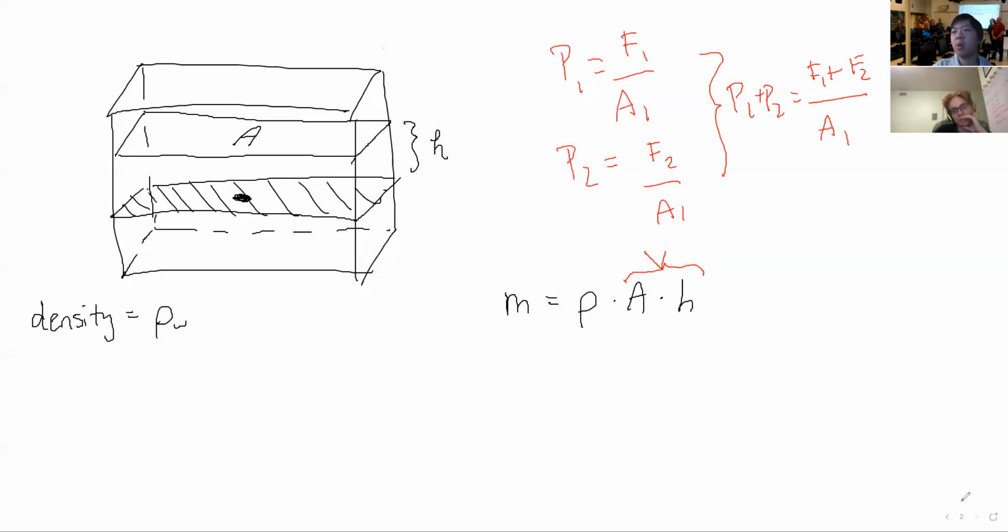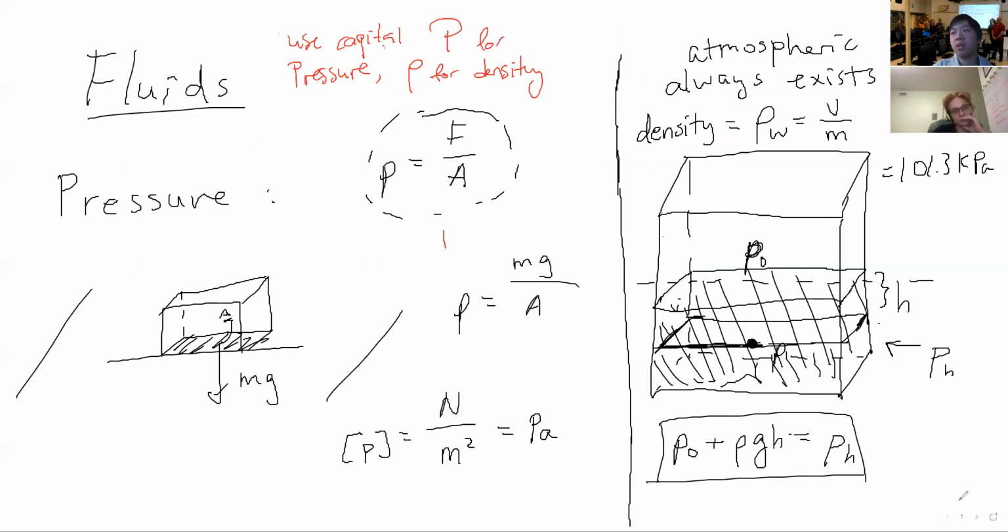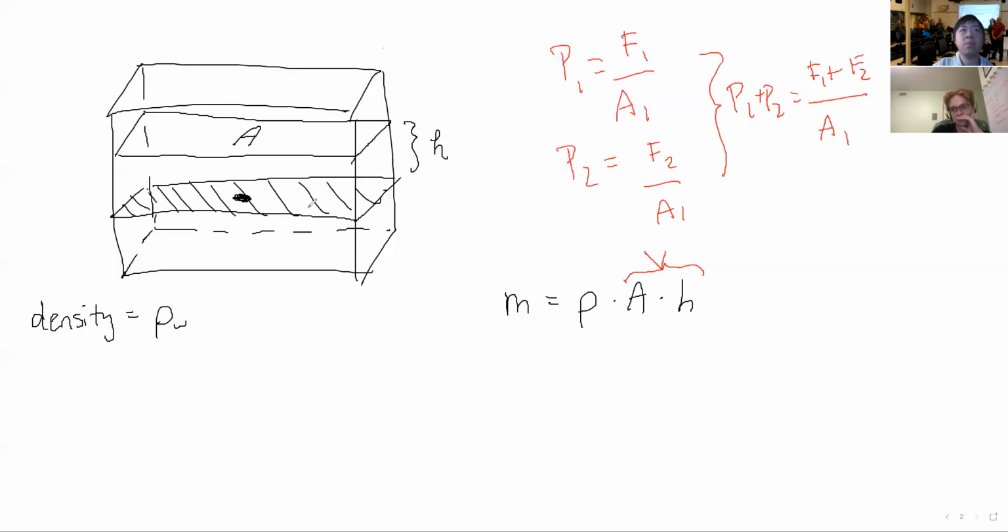We can go back to our box, right? The force is rho V g, because if the solid box exerts a force of mg on the ground, then this box of water also exerts mg on the slice of water beneath it.